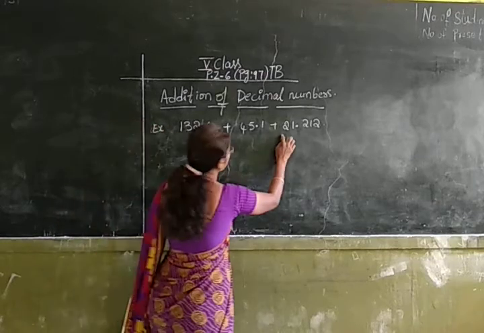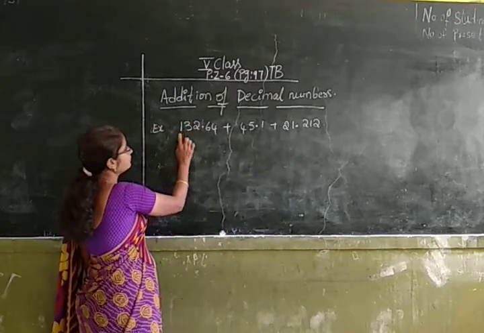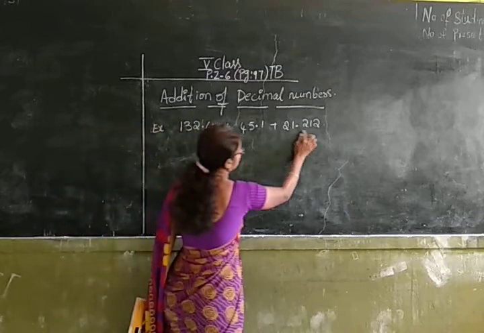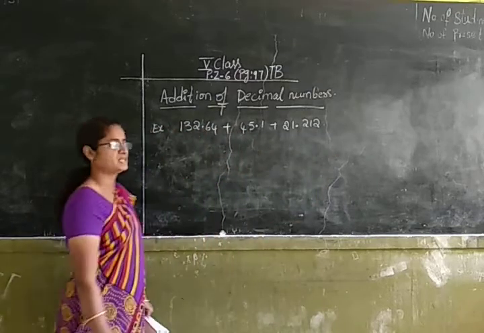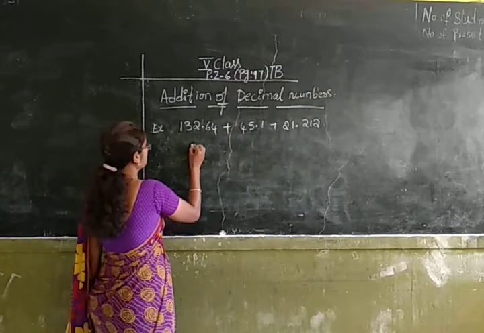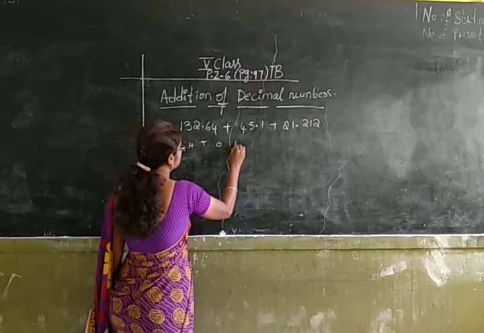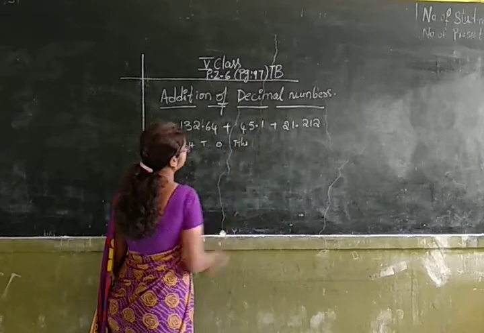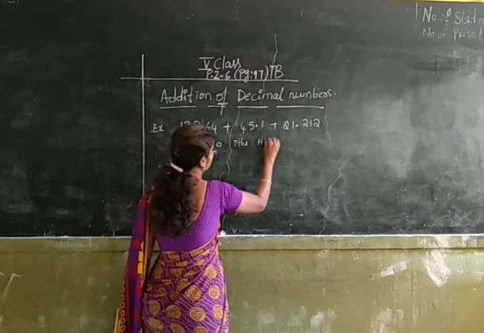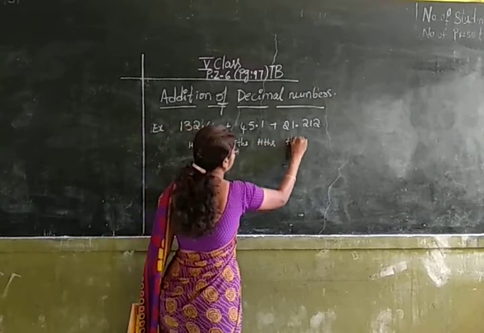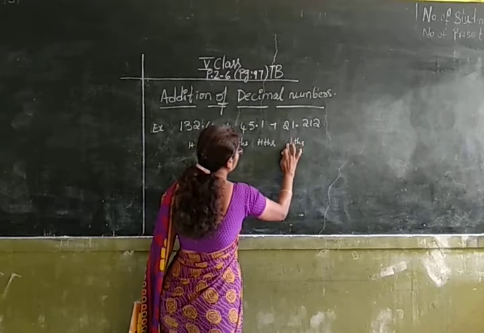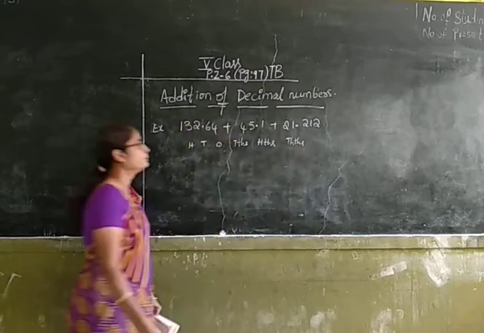So this number is having up to hundreds place and this number is having up to thousandths place. So let us write the places. So hundreds, tens, ones, tenths, hundredths and thousandths. Okay children, first let us write down the places.